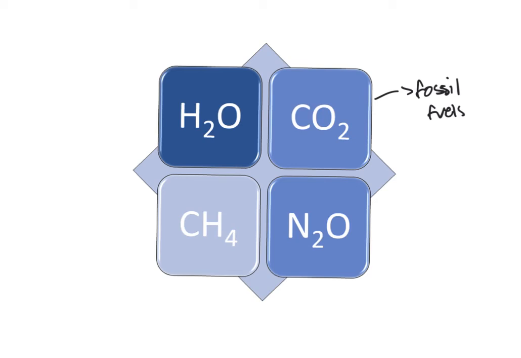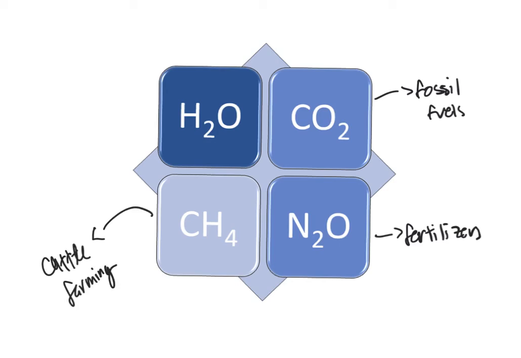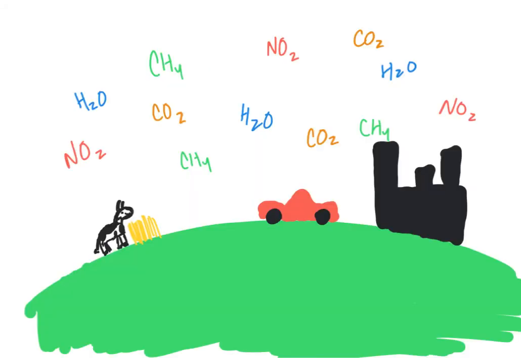Additionally, agricultural practices, such as the use of fertilizers and the preponderance of cattle farming, have increased the amount of nitrous oxide and methane in our atmosphere, respectively. As a result, more infrared radiation is trapped between the Earth and the Earth's atmosphere. We call this phenomenon the enhanced greenhouse effect.